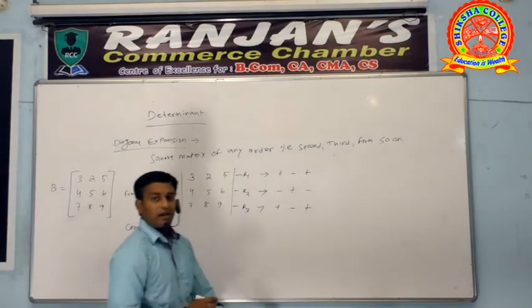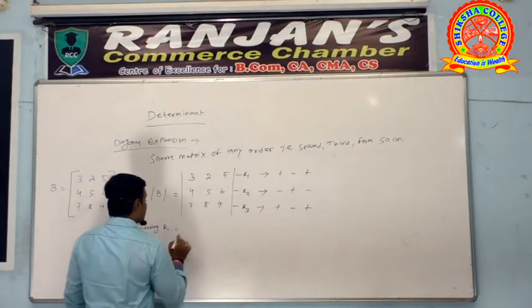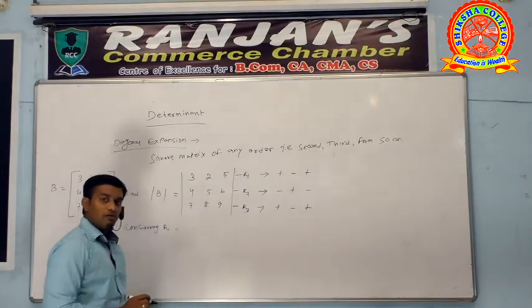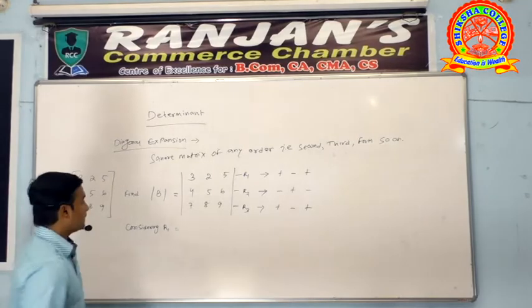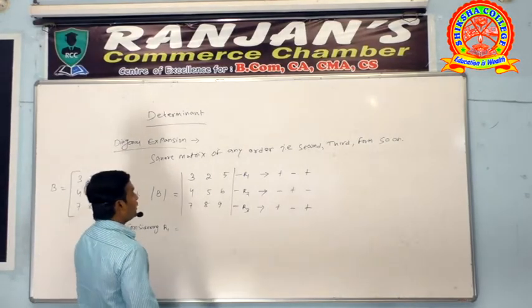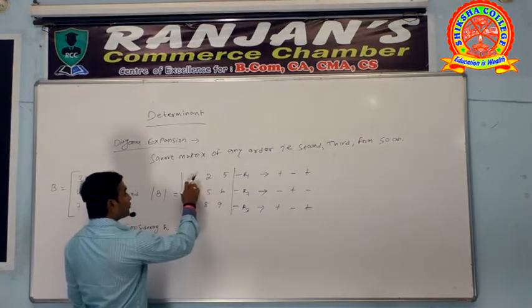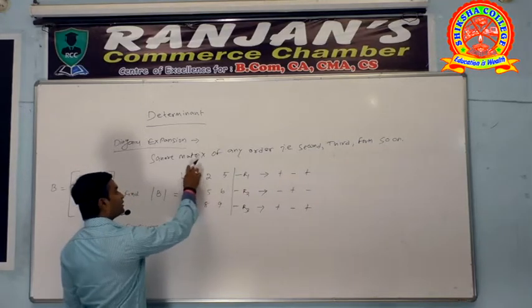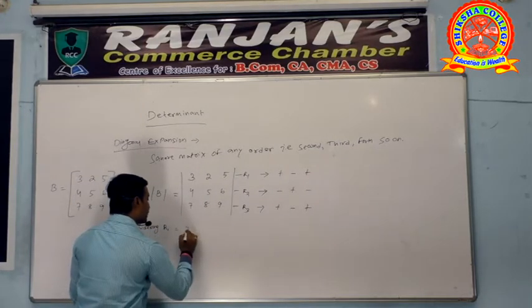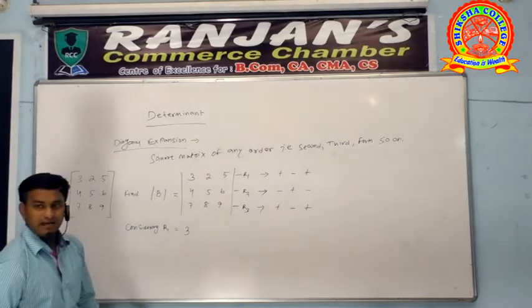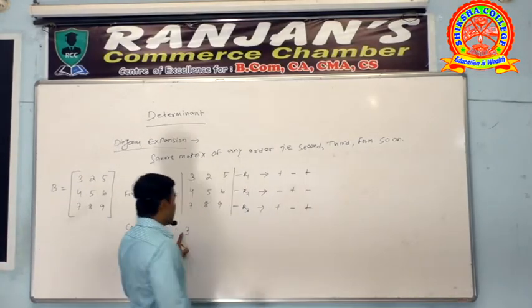Clear? Here we are considering row 1. So what is the way? In row 1, we have to take 3 first of all. So we see 3, plus sign, so plus.